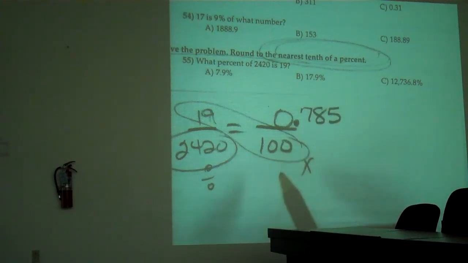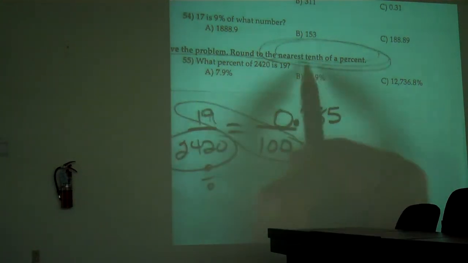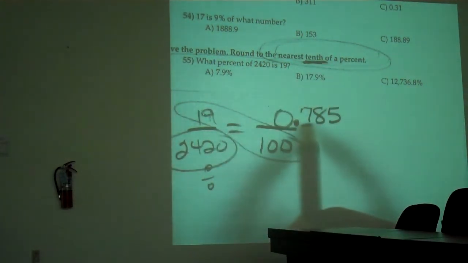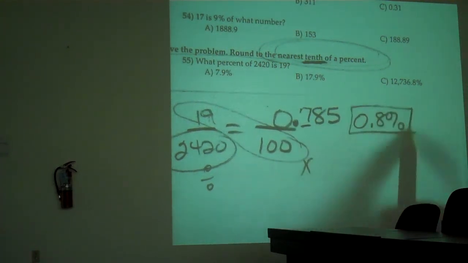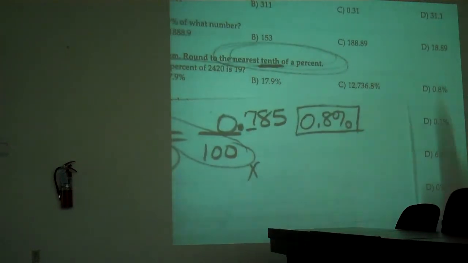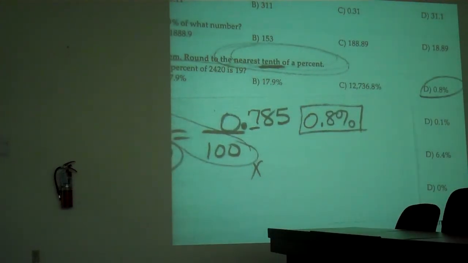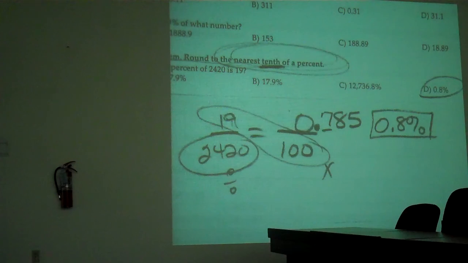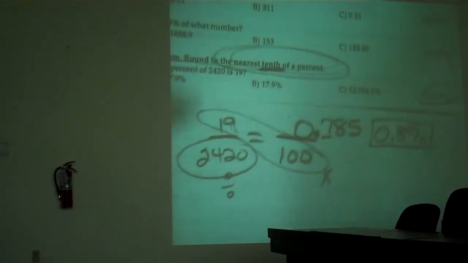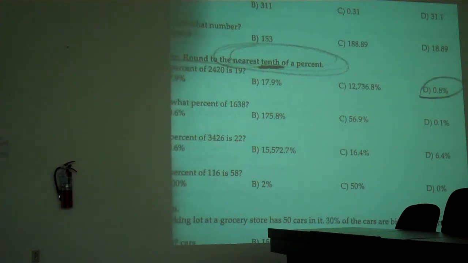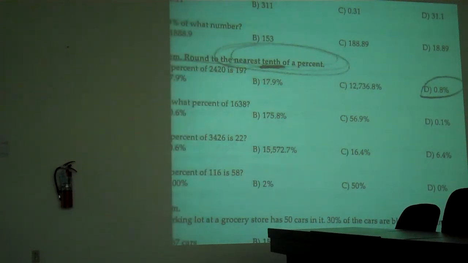What did it say to round it to? The tenth of a percent. So it's 0.8% would be your answer on that one, which is the D answer. Okay? So that's what you're going to do with all the percent ones right here. You just don't know the percent part.